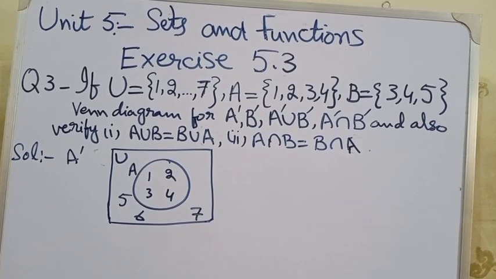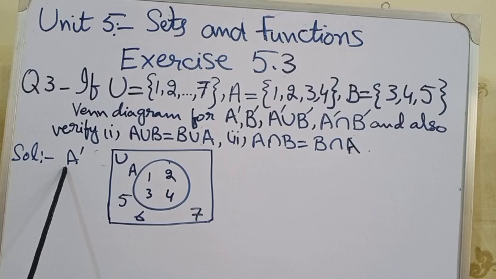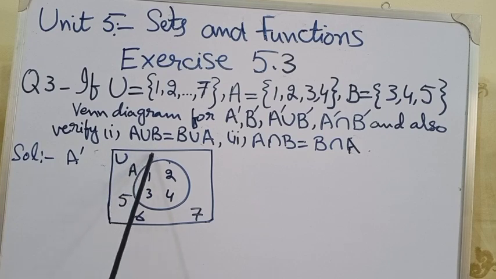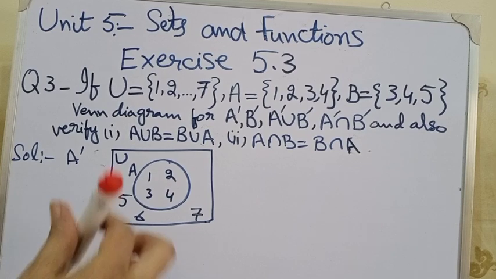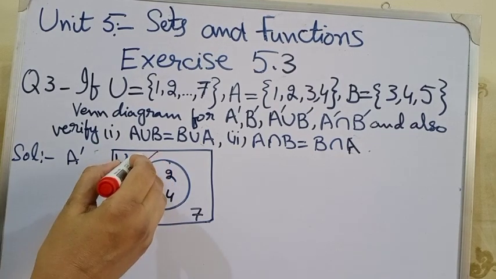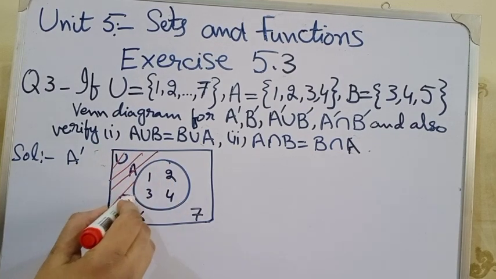We know that A complement is the set of all elements which are in the universal set but not included in set A. So the other elements contained in the universal set but not common with set A are called A complement.